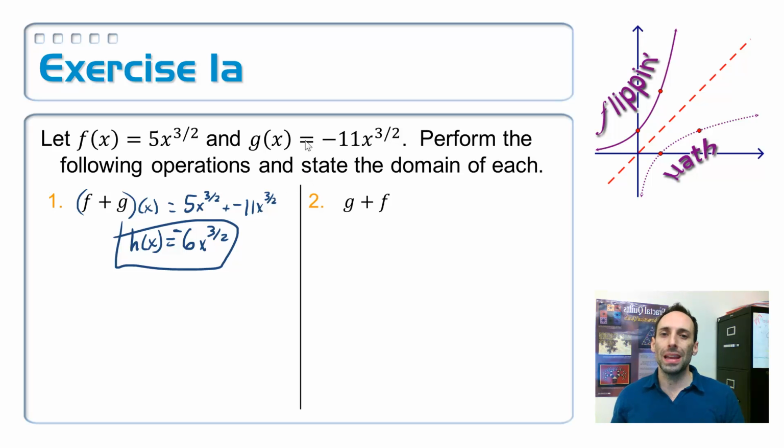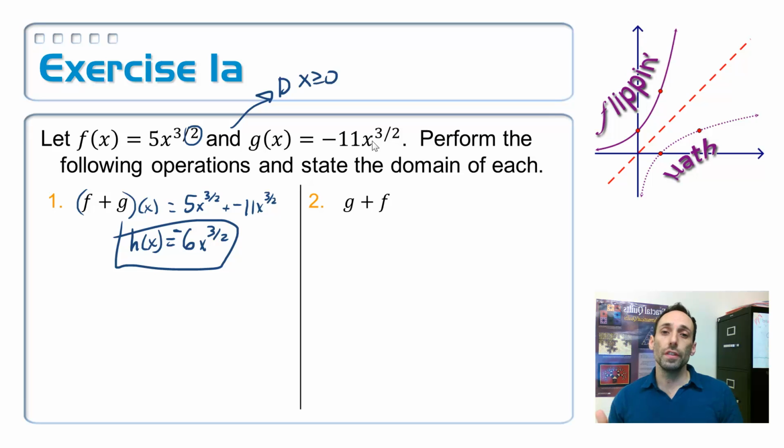So let's figure out the domain of both of the original ones. And this little half thing that's on the bottom of that exponent essentially means square root. It's an even root, and we know that whatever is underneath that thing cannot be negative. So for this, that just simply means that the domain here is x is greater than or equal to 0.